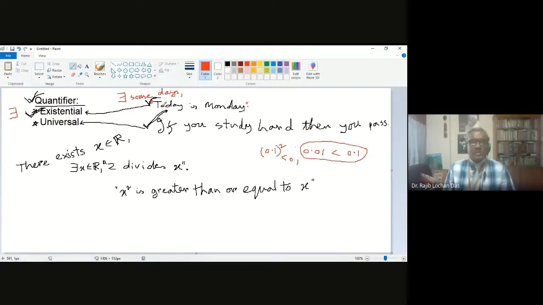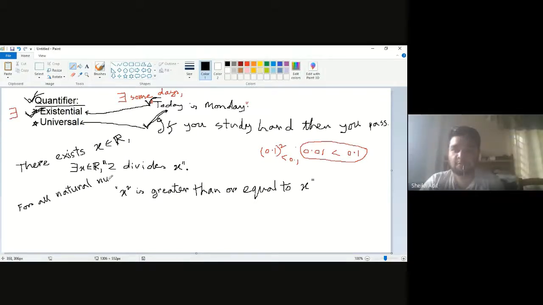So for this case, I will consider, okay, for all natural numbers. Then what will happen? If I write only the natural numbers, what are the natural numbers? So whole numbers, 0, 1, 2, 3. Exactly.